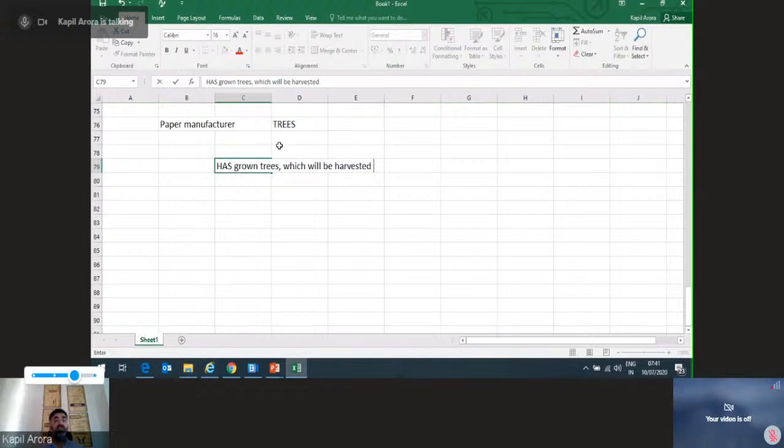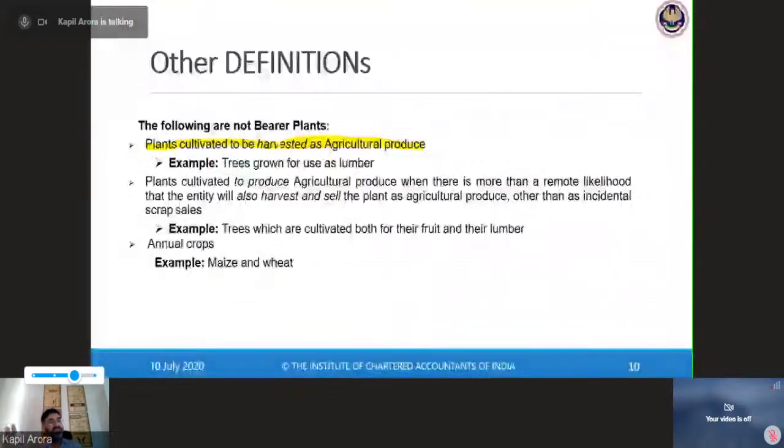When the intention is to sell the plant itself instead of selling its produce, it is not a bearer plant. So you can understand, a tree grown for the use of lumber means the tree would be harvested and sold in the market.